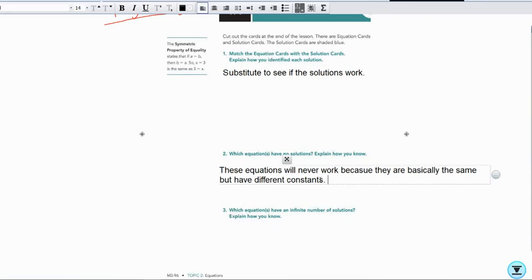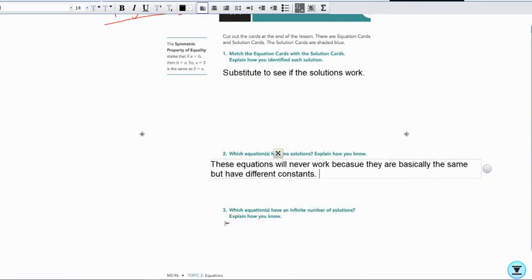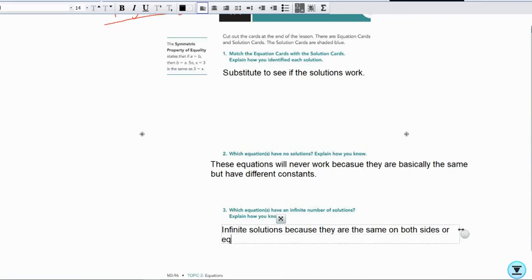As an example, well, you have the examples on the other side. These ones have infinite solutions because they are the same on both sides, or equivalent on both sides.